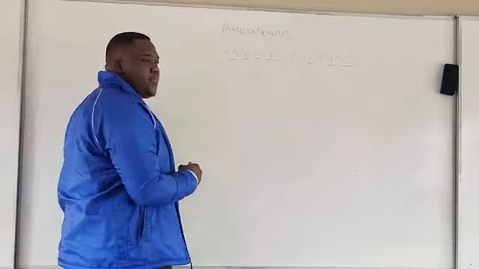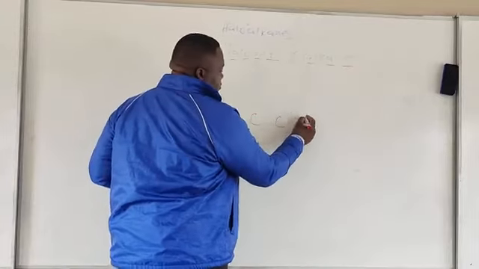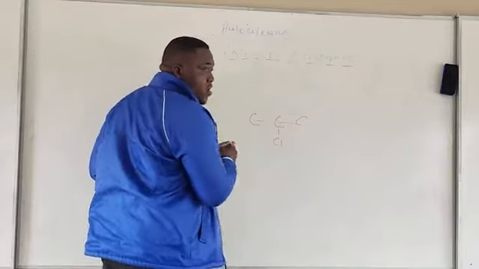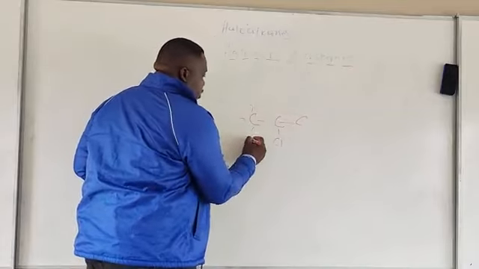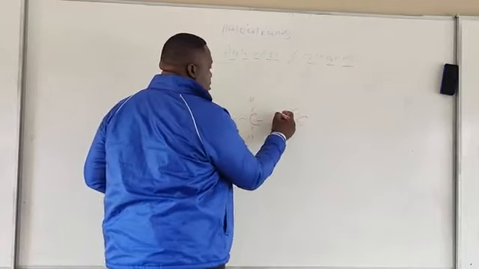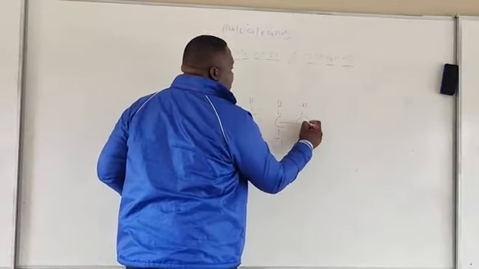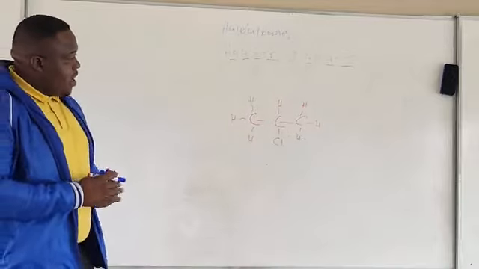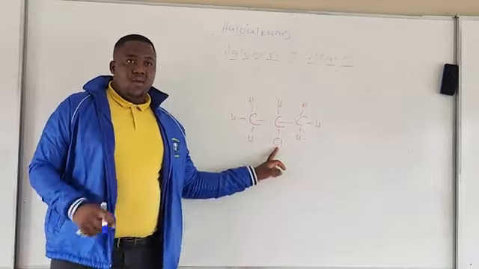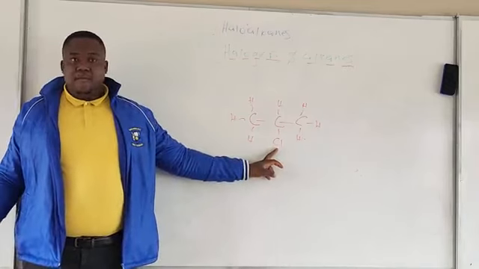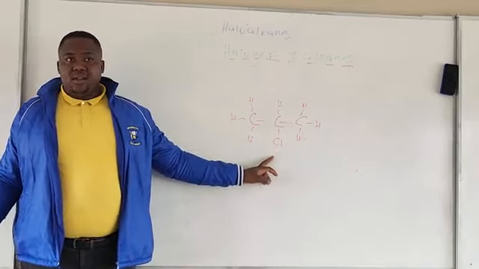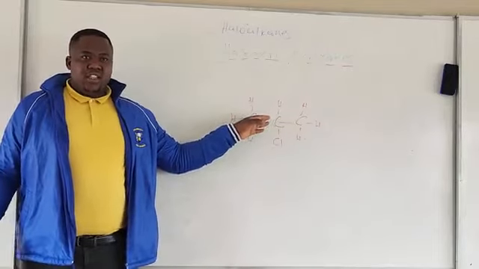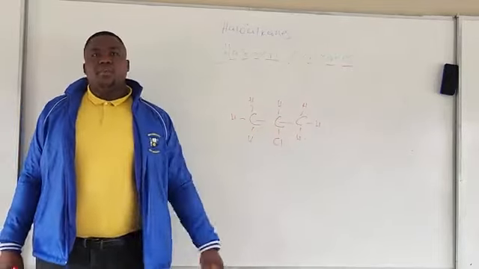Look at this one. Do you see what I have there? I have Cl. What does Cl stand for? Chlorine. So is this not an alkane? It's an alkane because it has got single bonds all over.